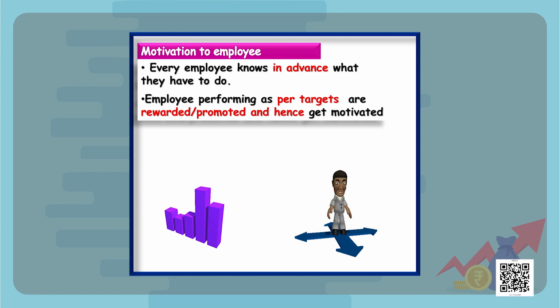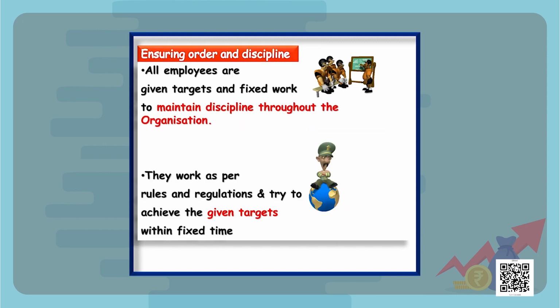Then moving ahead, it also serves as a motivational technique to the employees. If employees are informed in advance on what basis they will be judged, they will be determined and motivated to perform better. Then the next benefit is it ensures order and discipline throughout the organization.